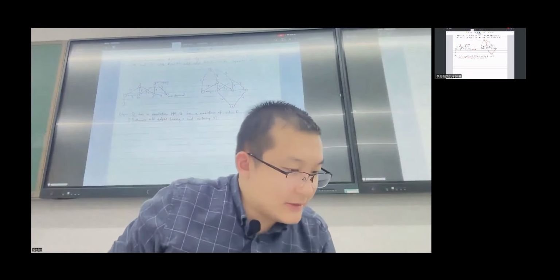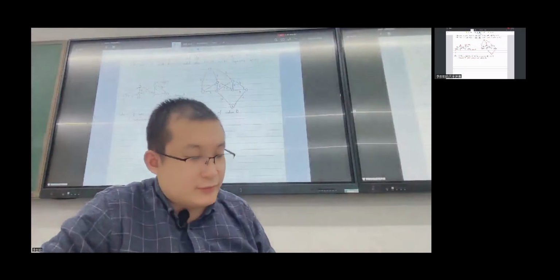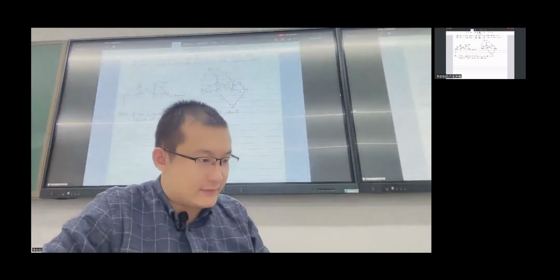Okay, so this is a direct observation that we can make, and I'm probably not going to give the proof here because it comes very straightforwardly from the correctness of the max flow algorithm.